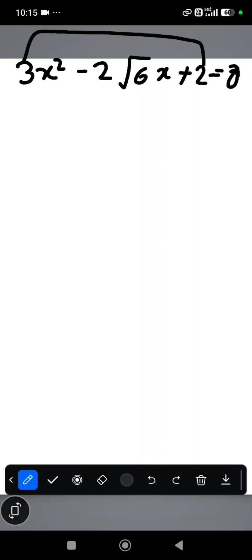The multiplication will be 6, and when we add those two numbers, the answer will be 2 root 6. So tell me the numbers: their multiplication will be 6 and their addition will be 2 root 6.